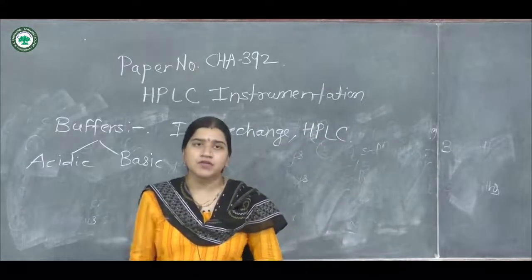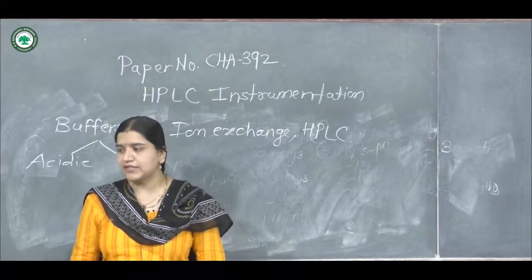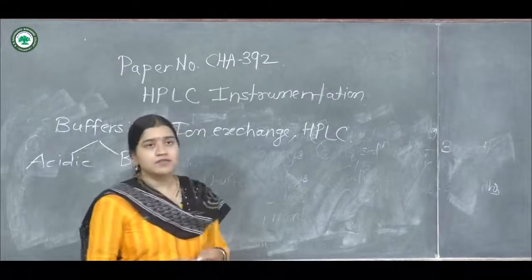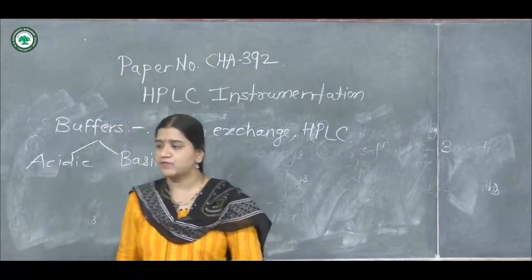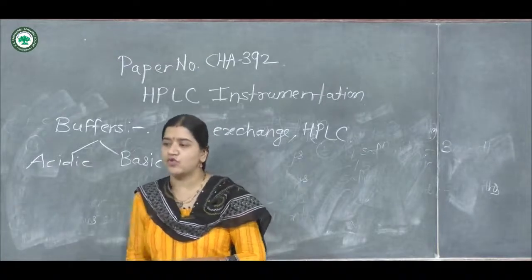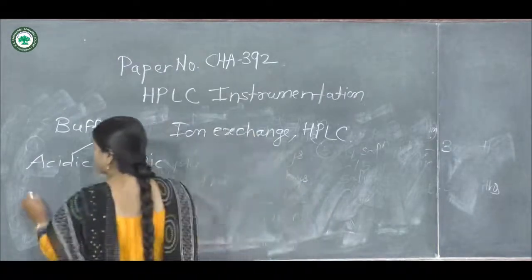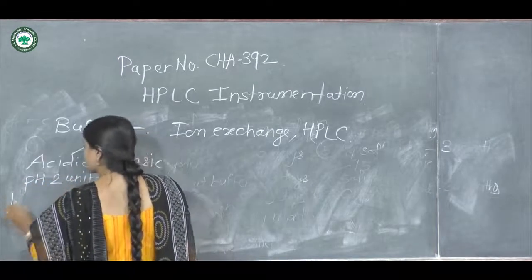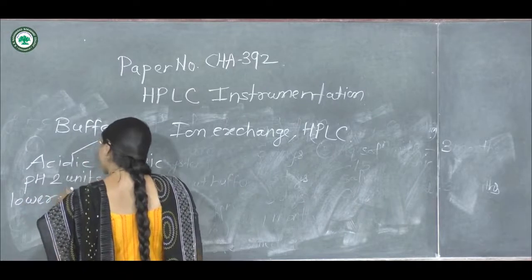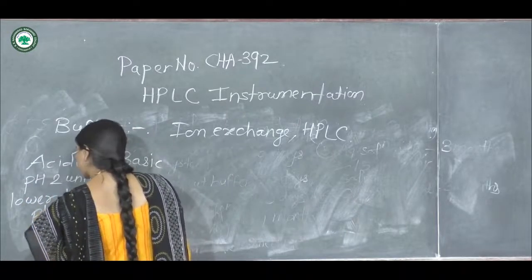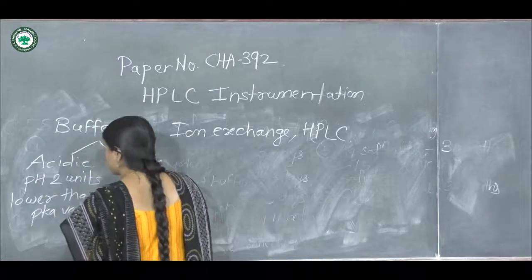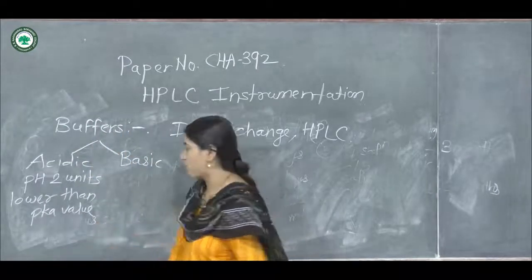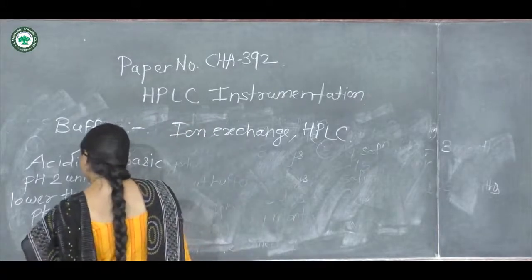Buffers will give you two types of analytes basically, either the acidic analytes or the basic analytes. So the acidic analytes are those with buffers at pH 2 units lower than the pKa value. It will give you the ionized species, or what we call anions.